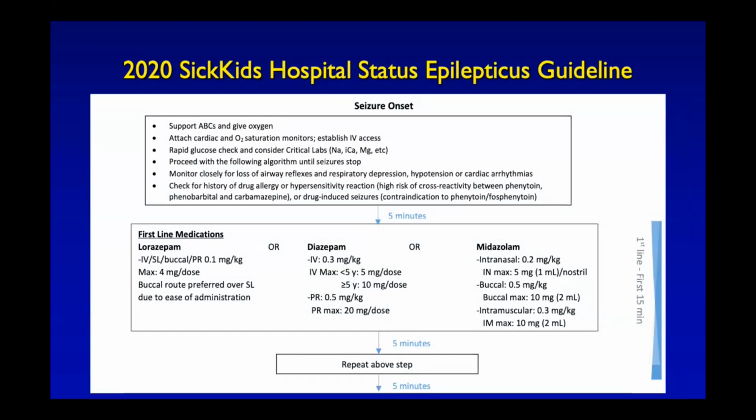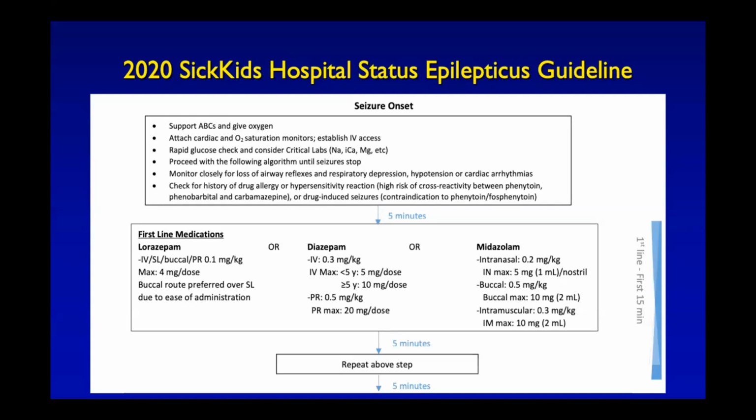You'll see that this guideline includes early supportive therapy, followed by early administration of first-line benzodiazepine medications within 5 minutes of seizure onset. Lorazepam, diazepam, and midazolam are considered equivalent.